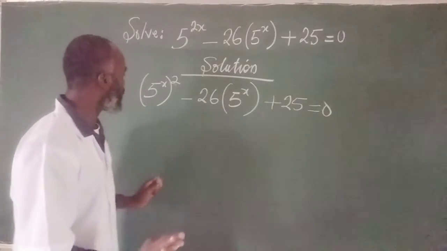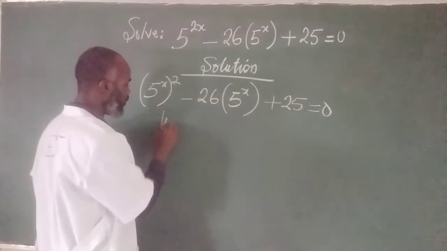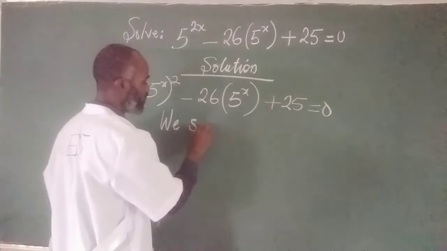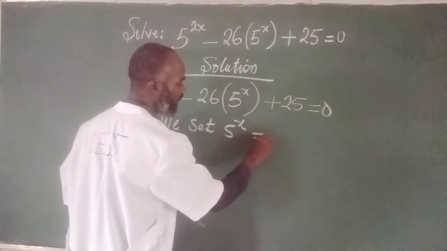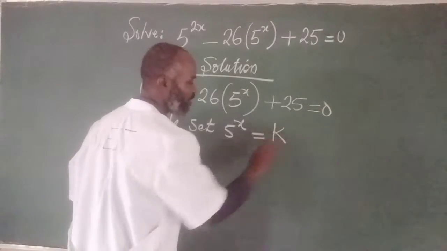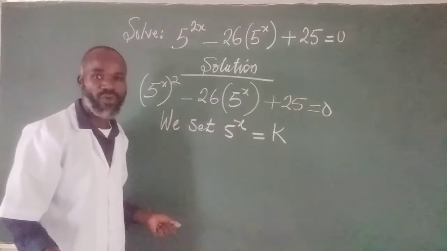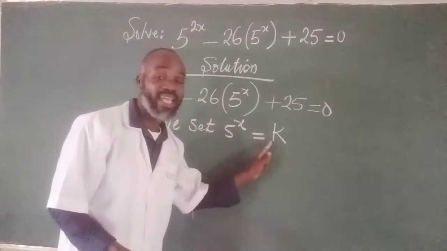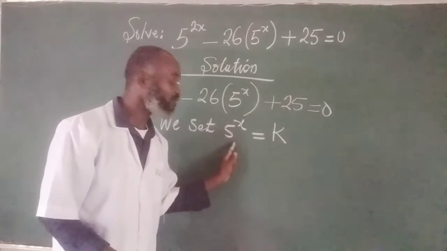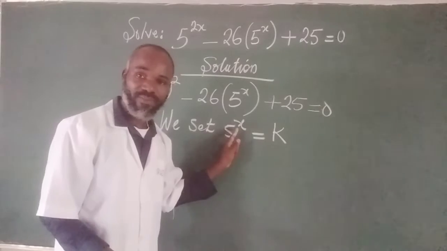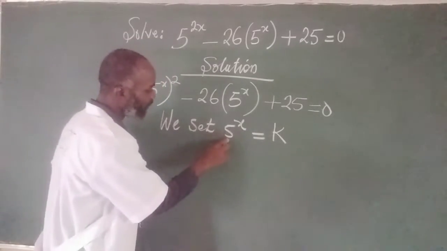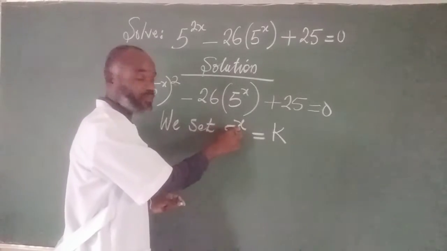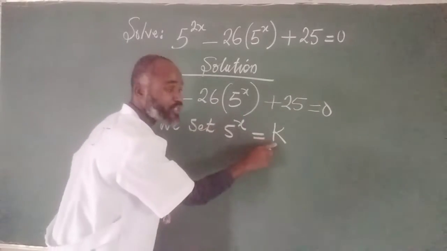The next thing we need to do, we set 5 exponential x to be maybe a letter k. We can choose any letter of our choice, but we have decided to use k to represent 5^x. It means wherever we see 5^x in this equation, we substitute it with k.